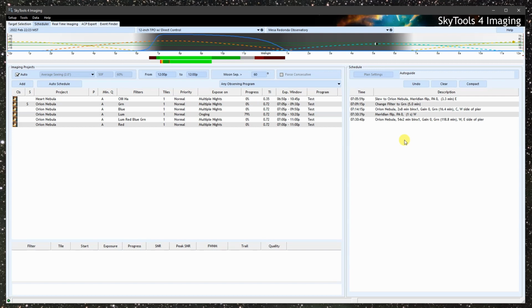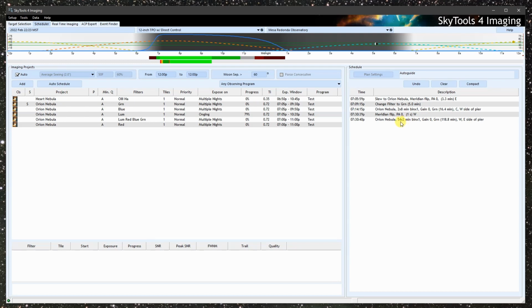The answer has to do with the sky conditions, and really, in order to fit it in, it probably doesn't make a big difference whether it's 8-minute exposures or 2-minute exposures for the faint regions of the Orion Nebula in this telescope under these conditions.